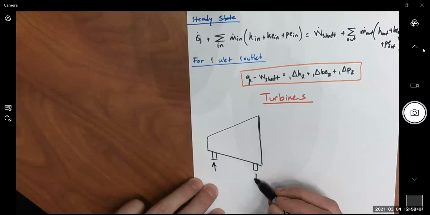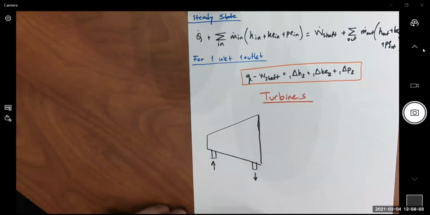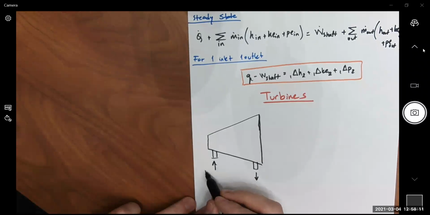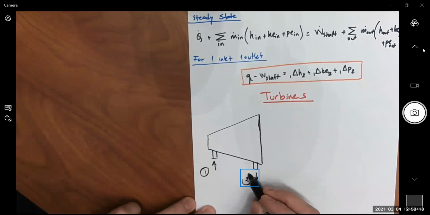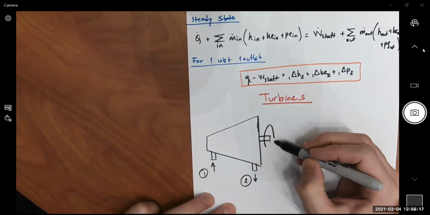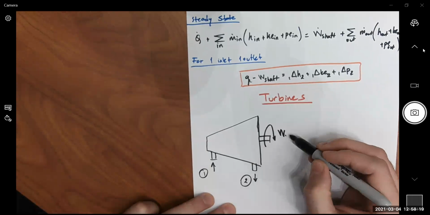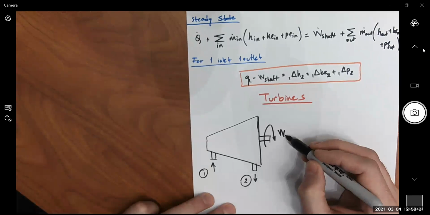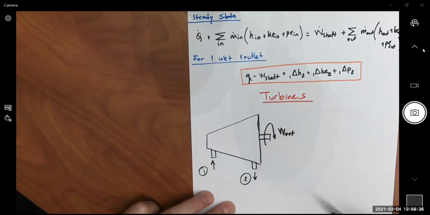Again, it doesn't have to be one inlet, one outlet. It might have multiple inlets and multiple outlets, and the shaft work out.